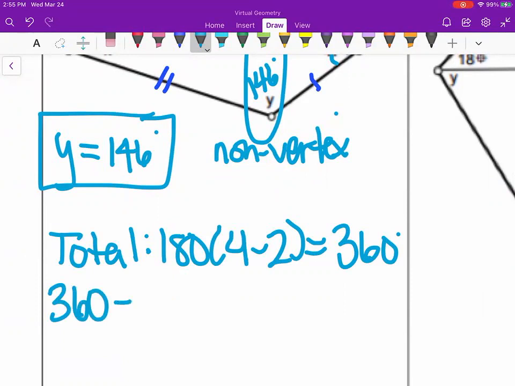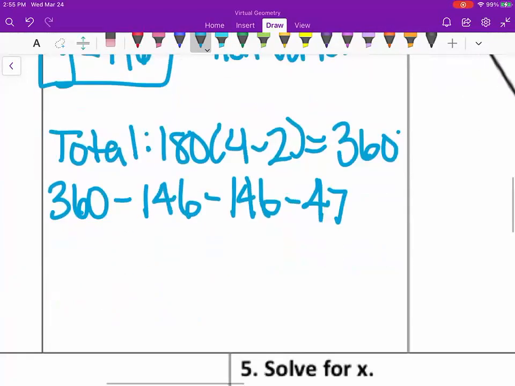So 360 minus the 146 they gave us, minus another 146 from the one we just found, and then minus 47. So then my x should be 19 degrees.